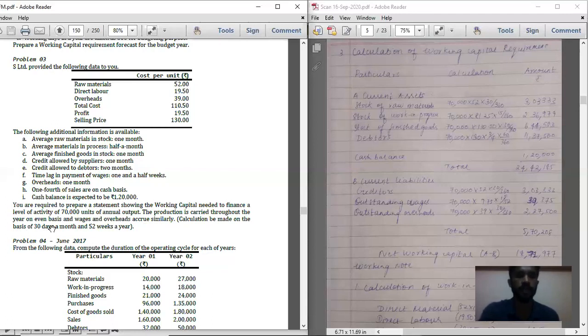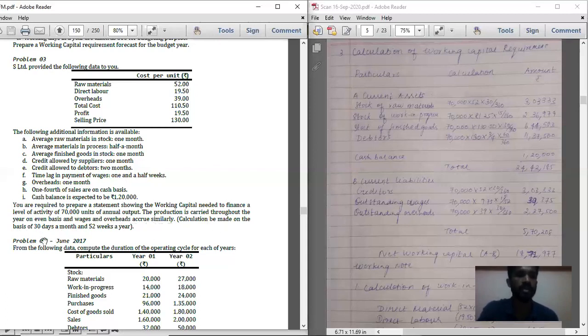That is, if we are calculating per month or 2 months or 3 months for raw material or finished goods, the production has been done on even basis. Wages and overheads accrue similarly.